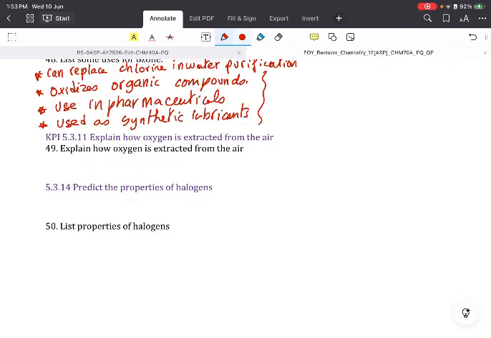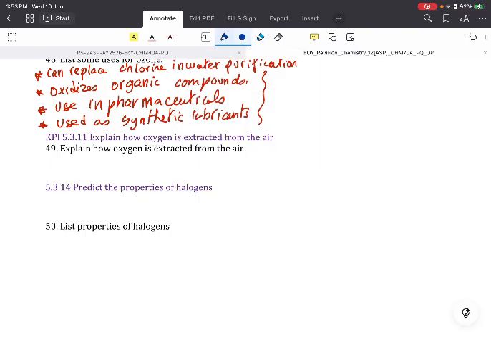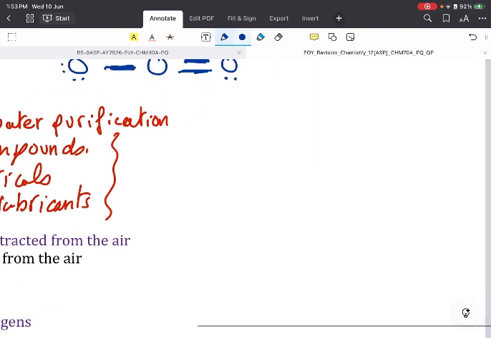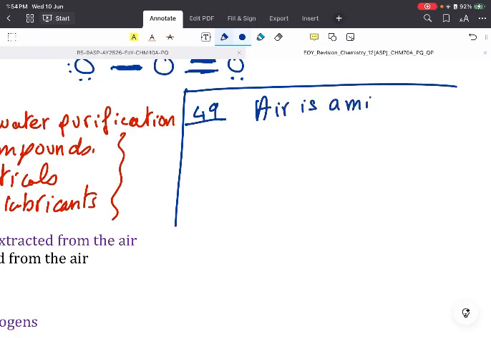Explain how oxygen is extracted from the air. So I'm going to clarify how oxygen is extracted from the air. I'm going to write over here question 49. First of all, air is a mixture of gases.